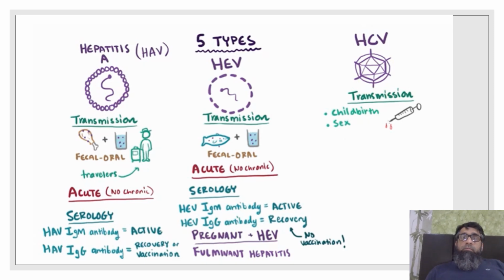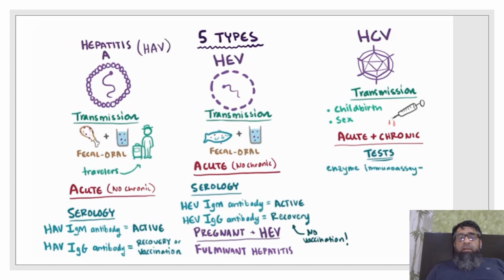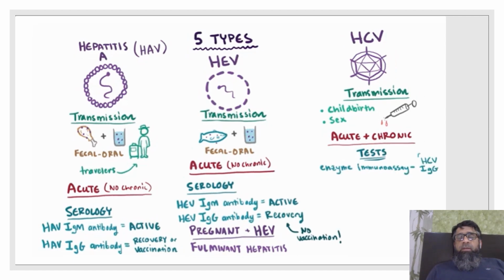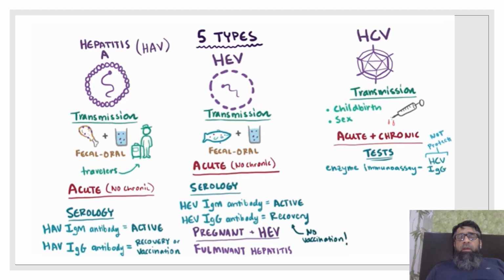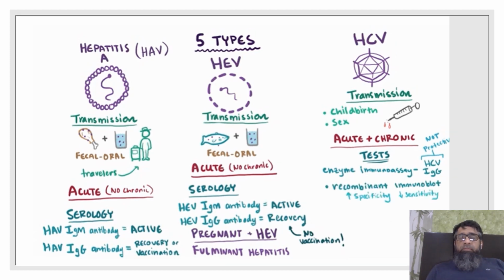So coming back to hepatitis C, the transmission is from blood, syringes, childbirth, unprotected sex. It causes both acute and chronic phases. It has multiple tests, like enzyme immunosorbent assay, hepatitis C virus IgG. This is not protective. However, it should be remembered that then comes the recombinant immunoblot assay.